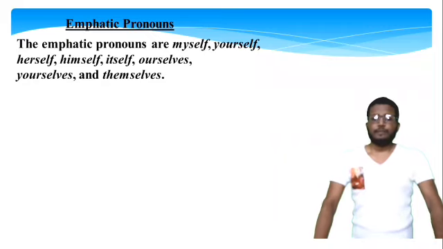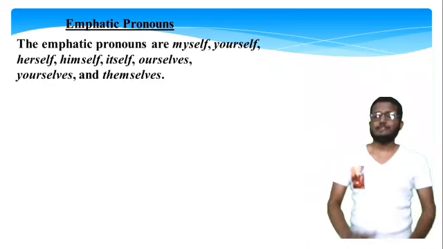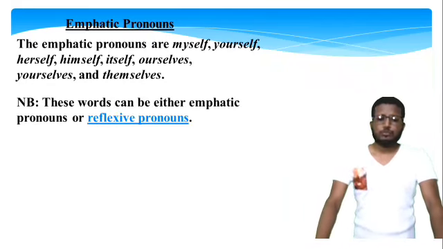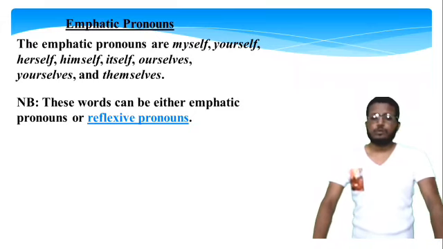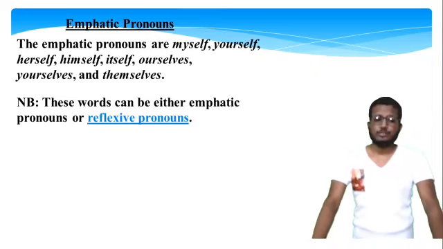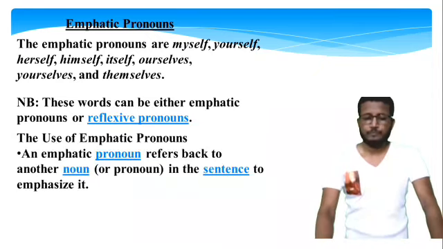Here you can see these words look like reflexive pronouns. So these words can be either emphatic pronouns or reflexive pronouns. They are the same. That means you can consider emphatic pronouns equal to intensive pronouns.